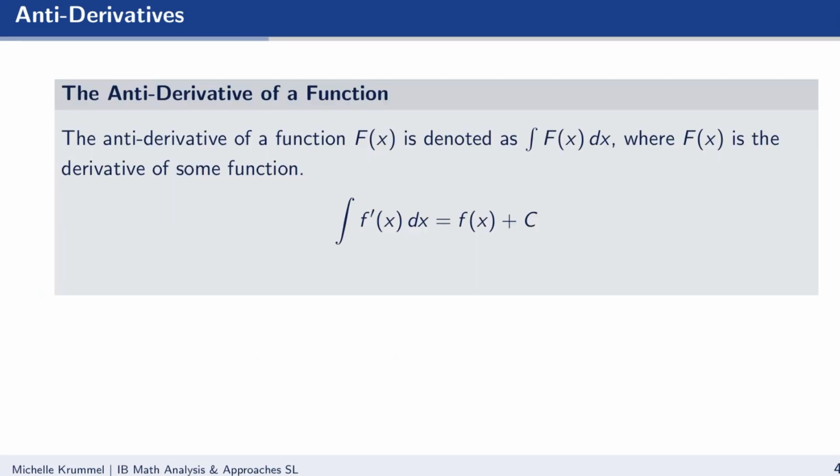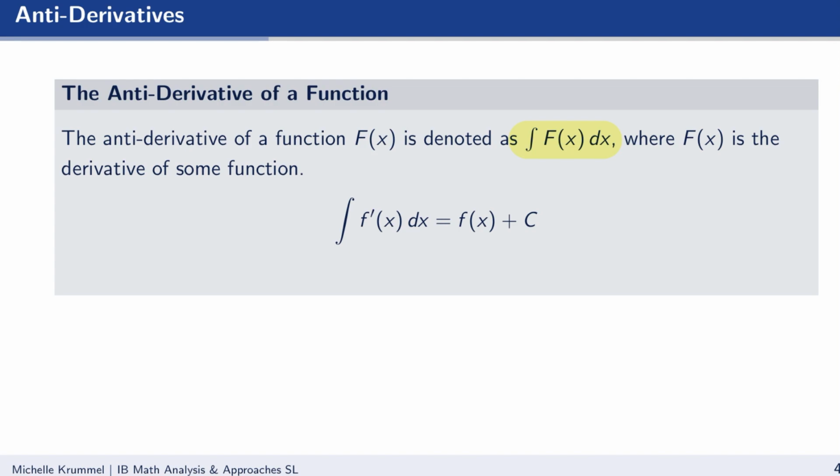So let's define the antiderivative of a function. The antiderivative of a function, big F of x, is denoted as, and we're going to be using this notation, and we're not going to talk too much about the notation in this lesson, but what we will see in the next lesson is where this notation comes from and why we use it.